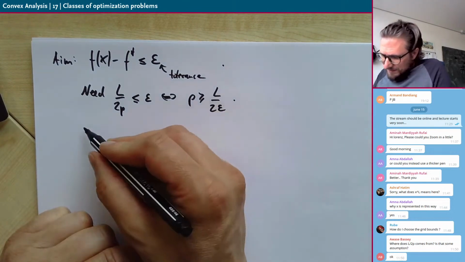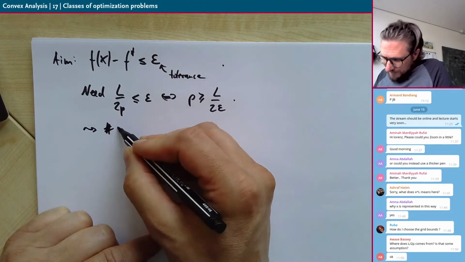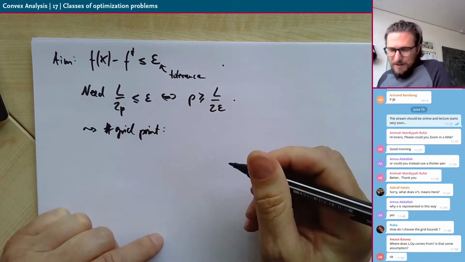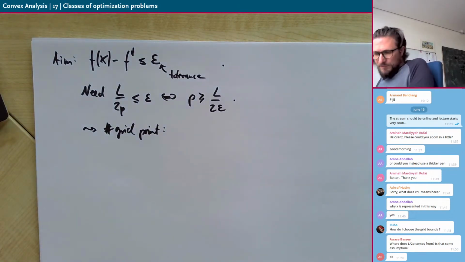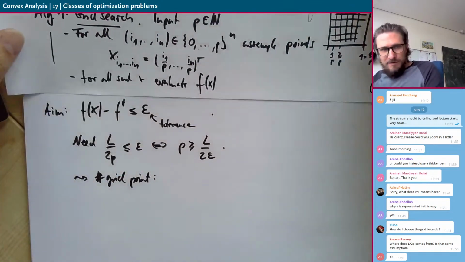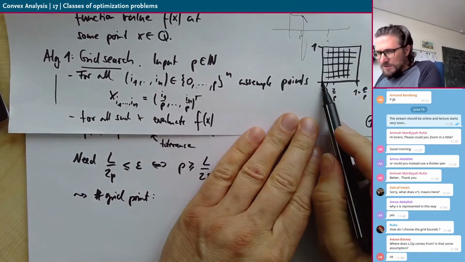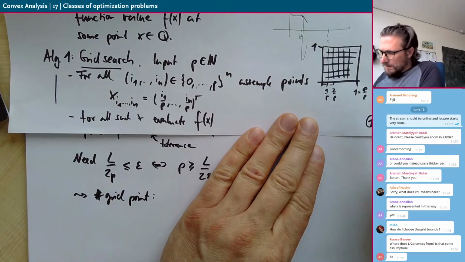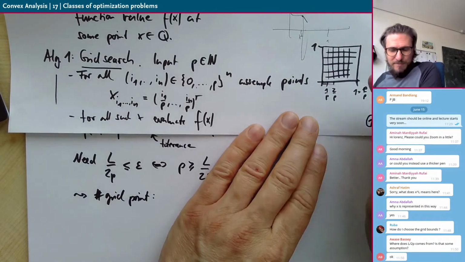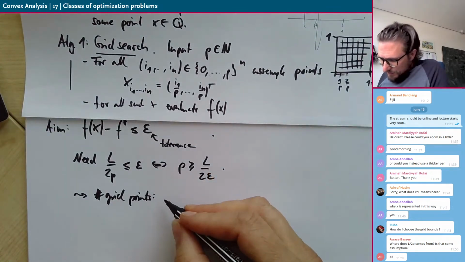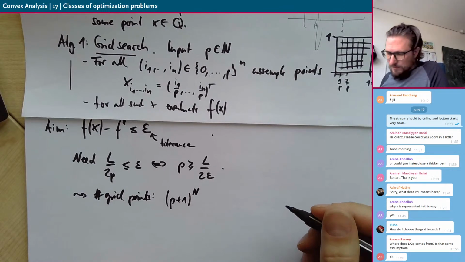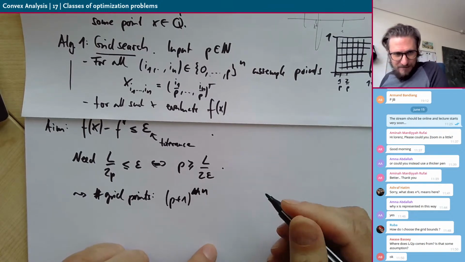Okay, what does this say for the number of grid points? How many points do we have to check if we have a p like this? Let's look at our grid again. In each direction we have p plus 1 points. So in this example we have p plus 1 times p plus 1 because we're in 2 dimensions. In general we have p plus 1 to the small n, where n is the dimension of the search space.